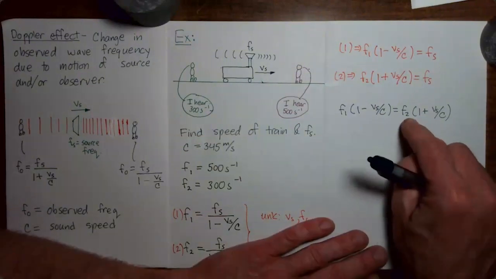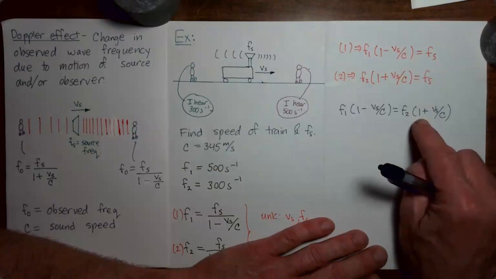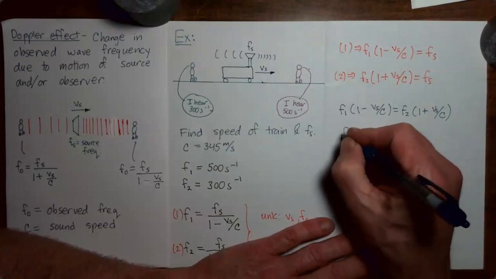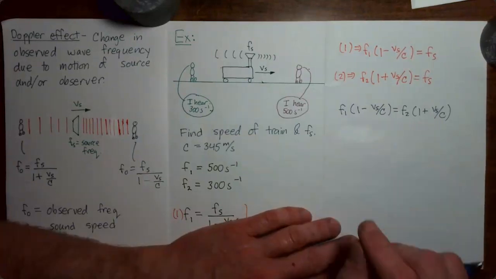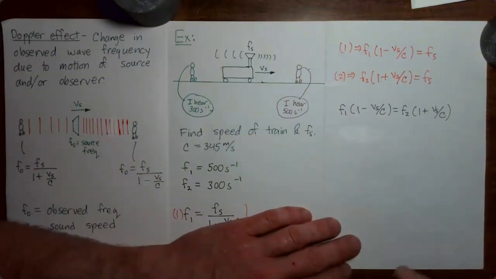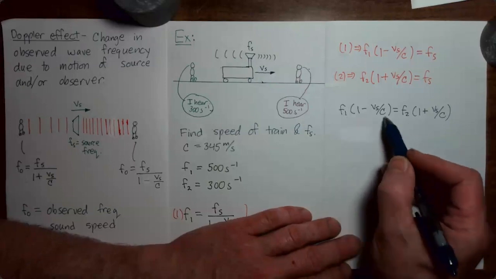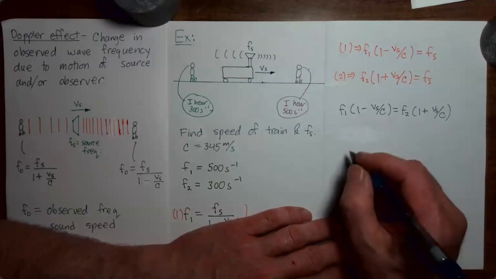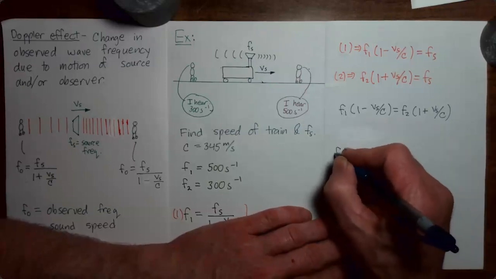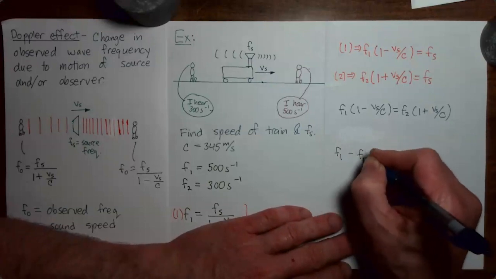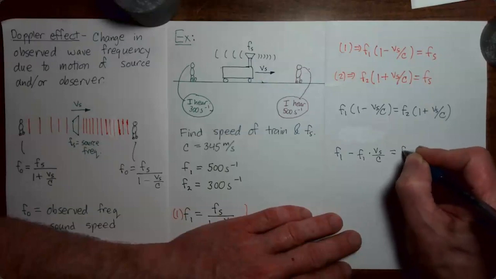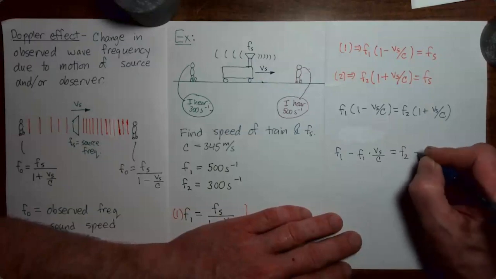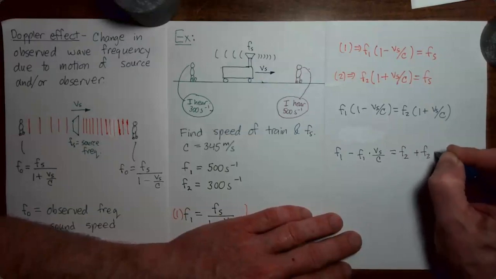I'm going to put the two terms without the Vs on the left. So I end up with F1 minus F2 on the left. To make everything super clear, I'm going to distribute the frequencies through the parentheses. On the left, that gives me F1 minus F1 times Vs over C. On the right, I have F2 plus F2 times Vs over C.